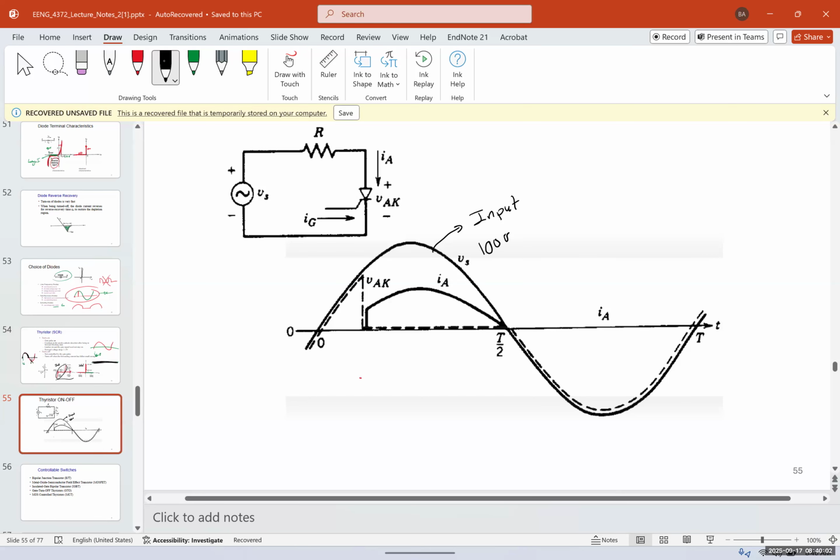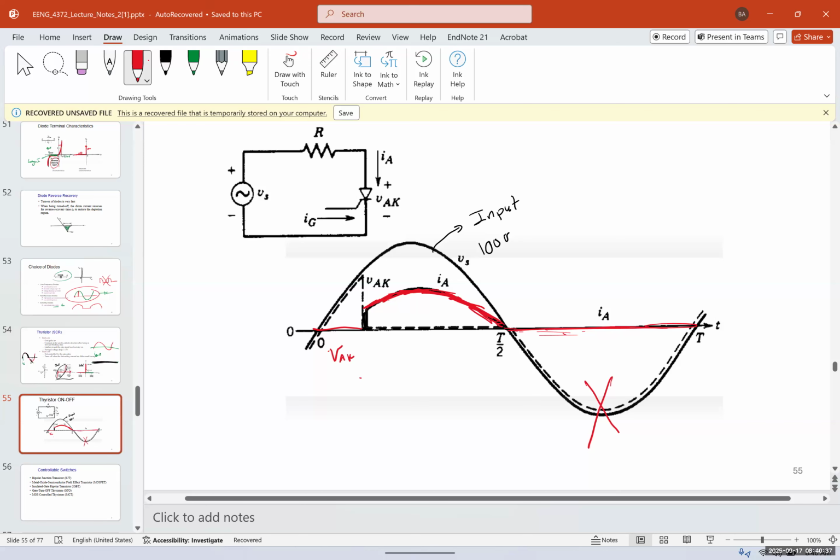And this is the forward voltage VAK, and IA is the current when the thyristor is turned on. The thyristor I'm going to draw with red. It's going to be turned on when it's on the red one. And when it goes to reverse bias, it automatically turns off. You can see that IA is turned off when it's reverse bias.